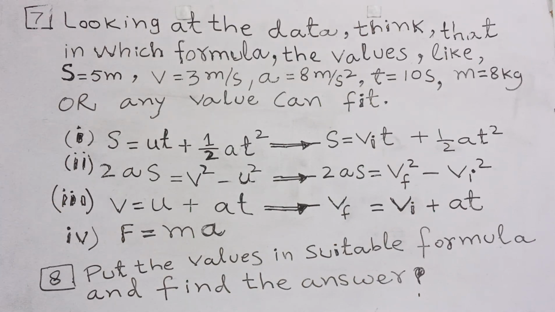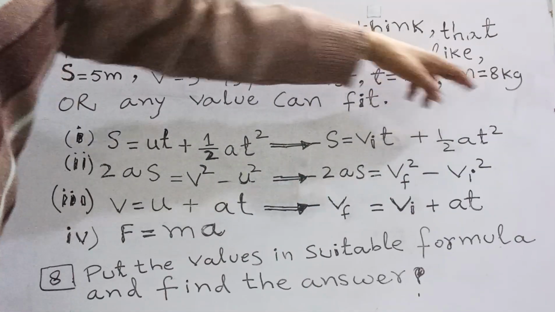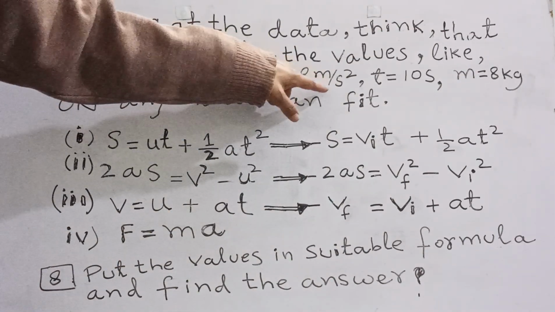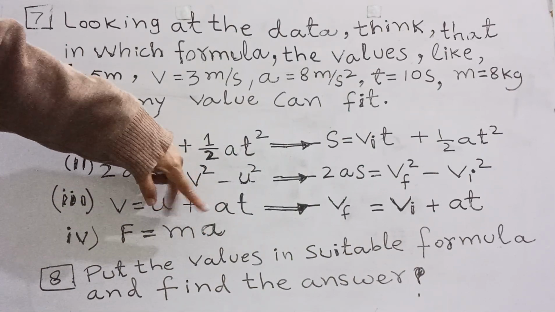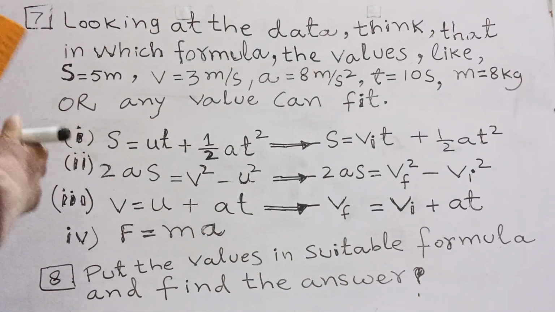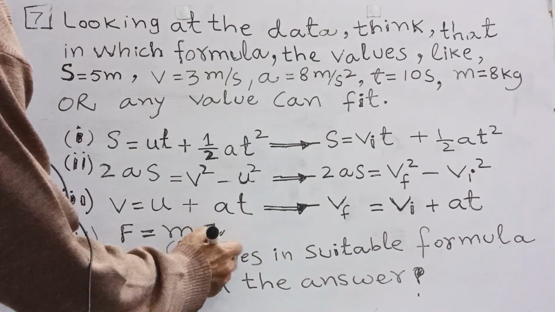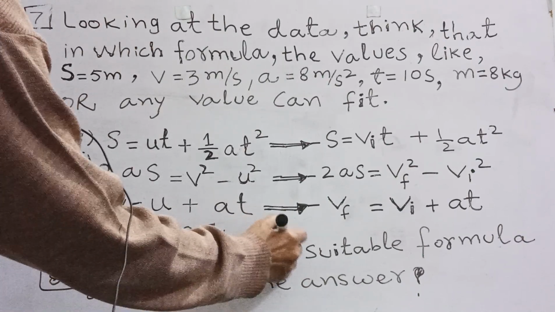Suppose we put the mass 8 kilogram over here and acceleration 8 also over here. After multiplying these two 8s, 8 mass times 8 acceleration is 64. So it means 64 Newton.